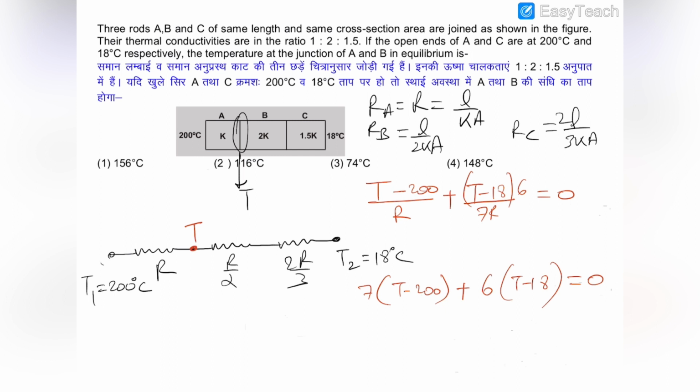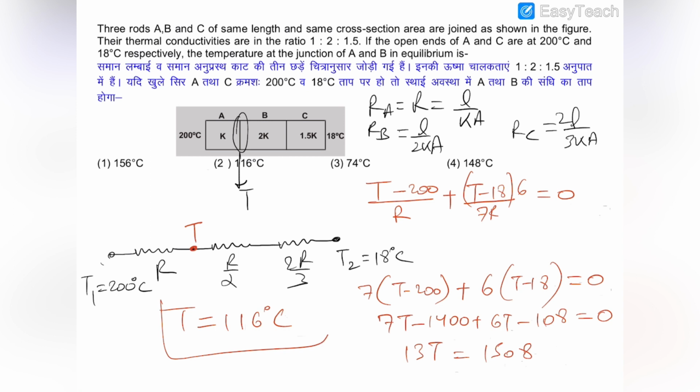So you can see that this is 7T minus 1400 plus 6T minus 108 is equal to 0, and you can see that 13T is equal to 1508. So T will be approximately equal to 116 degrees Celsius. So the correct answer will be option number 2.